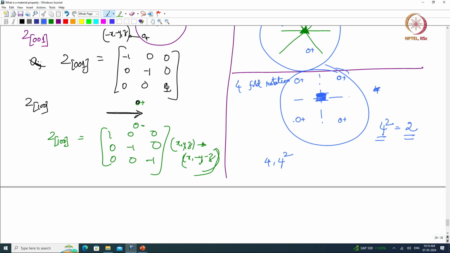If I do 4^3, three 4-fold rotations, it is equivalent to going 90 degrees in the clockwise direction, right. So, instead of going 270 degrees in the anti-clockwise, you go 90 degrees in the clockwise direction, 4^3, right. And 4^4 is again your identity, or you come back, is equal to 1, right. So, you come back to the same position again. Okay. So, that is a four-fold rotation.